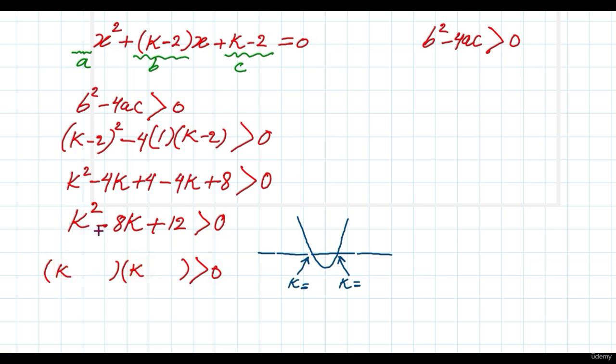Then positive times negative is negative. Negative times positive is negative. So we have 12. When we factorize 12, we can say it's 2 times 6. 2 by 6. Because negative 6k with negative 2k is negative 8k, which is the middle term. When we get the middle term, the factorization process is correct. Now, we understand that the two critical points are 6 and 2.